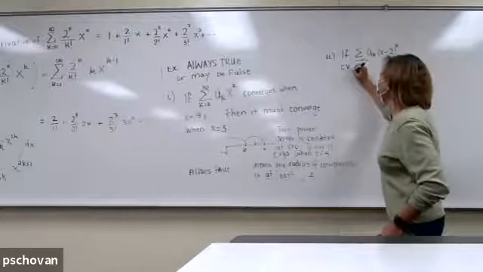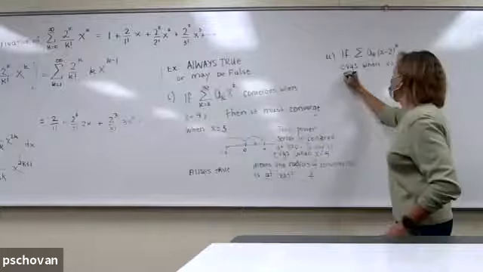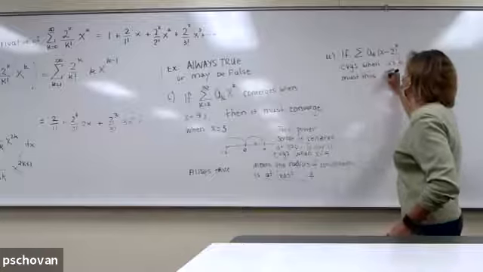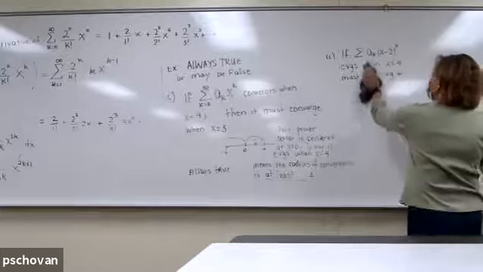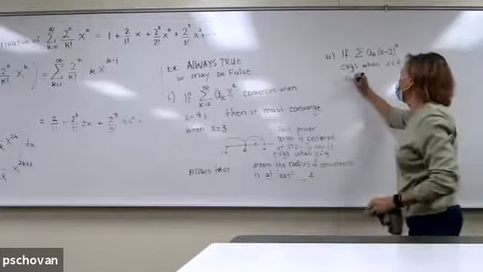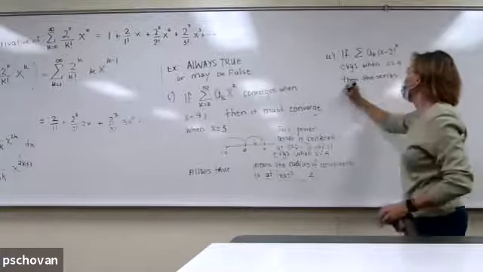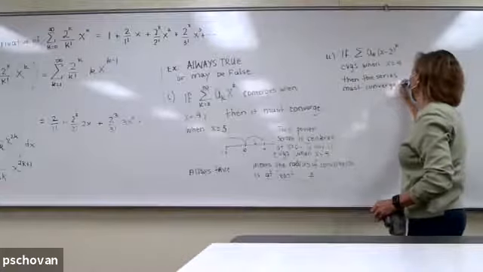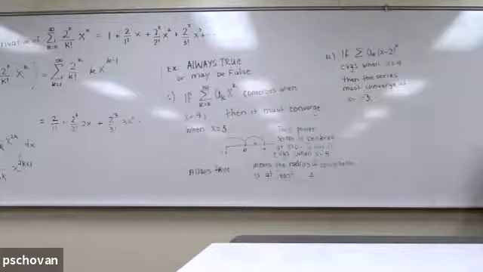If that converges when x is equal to 4, must this series converge when... I'll just state it that way. Then the series must converge at, say, x is, let's go with -3.